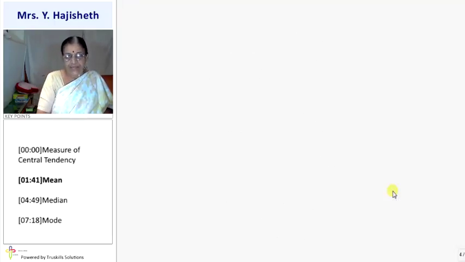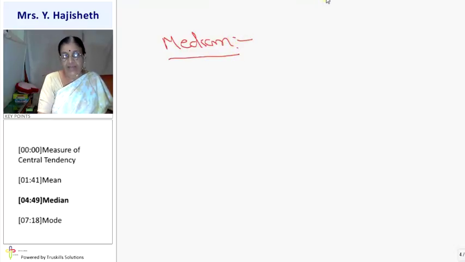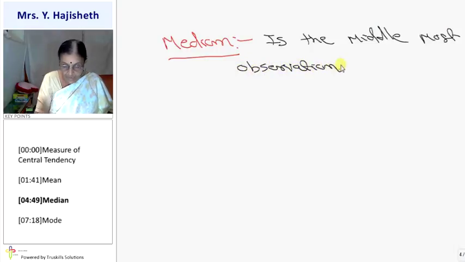Now the second measure is median. What is median? Median is the middlemost observation, but after arranging them in descending or ascending order.